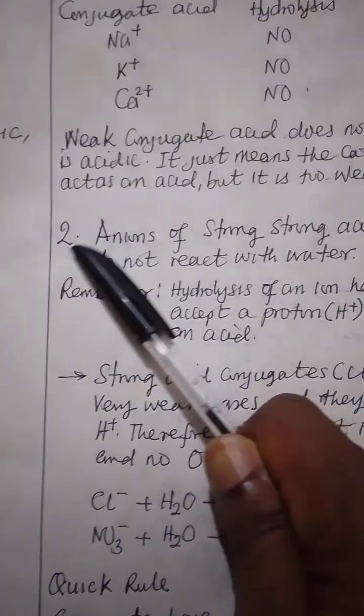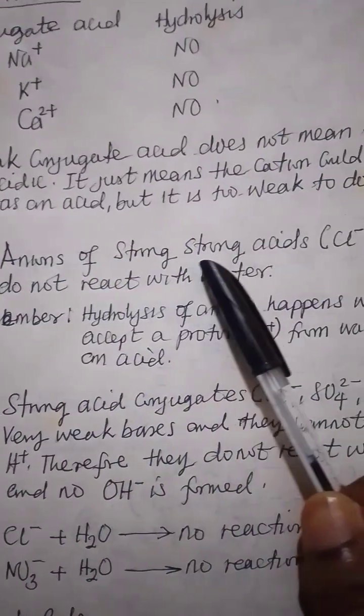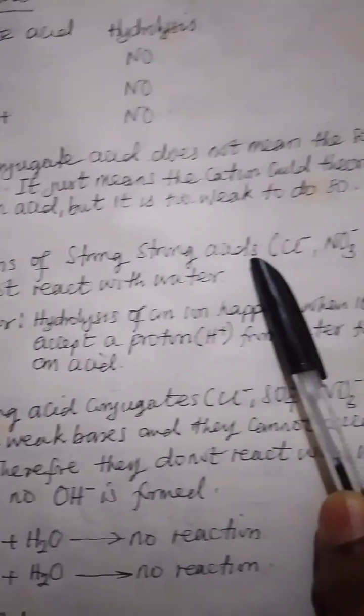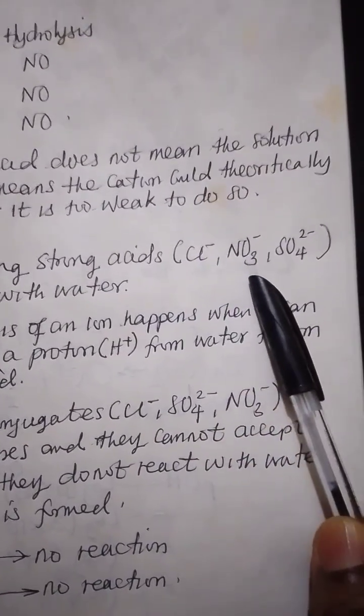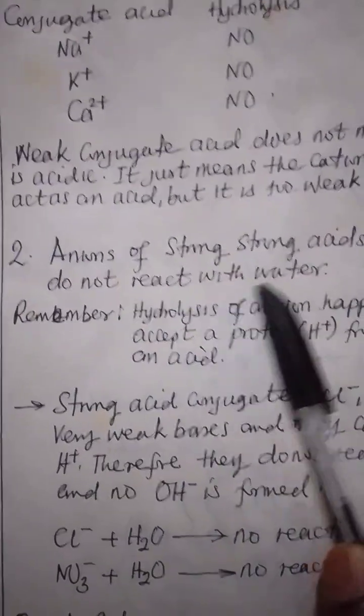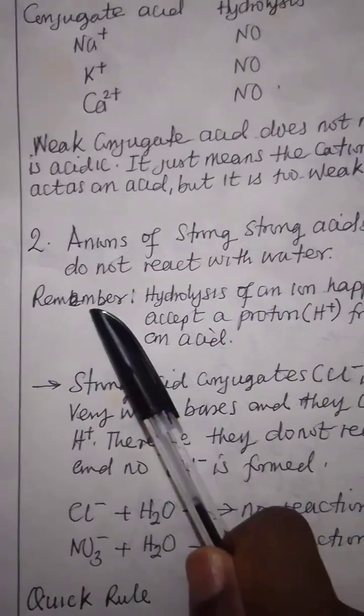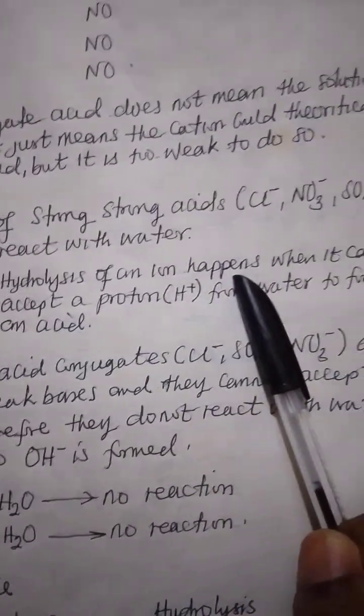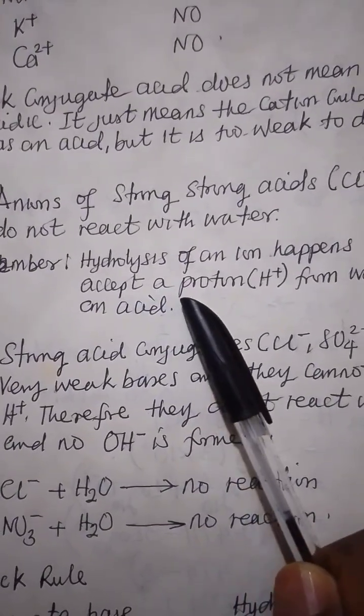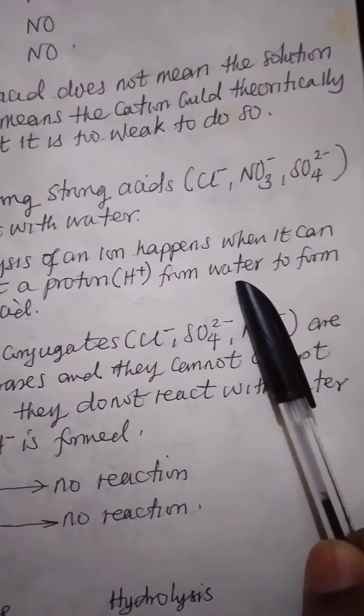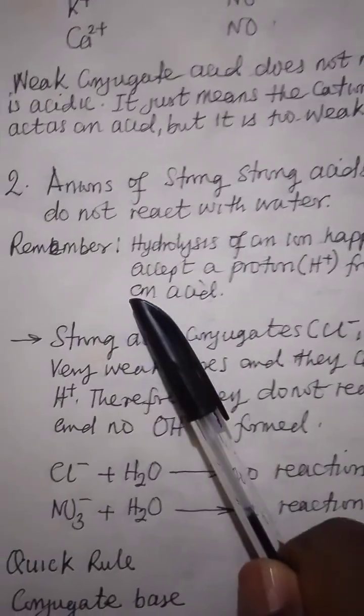Number 2 now, anions of strong acids, Cl minus, NO3 minus, SO42 minus, do not react with water. Remember, hydrolysis of an ion happens when it can accept a proton from water to form an acid.